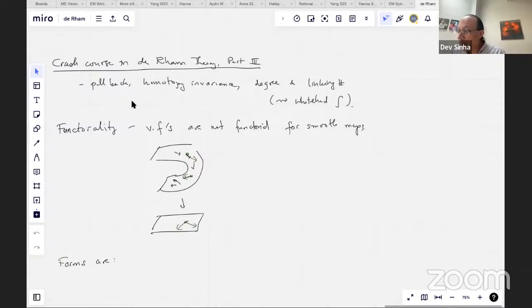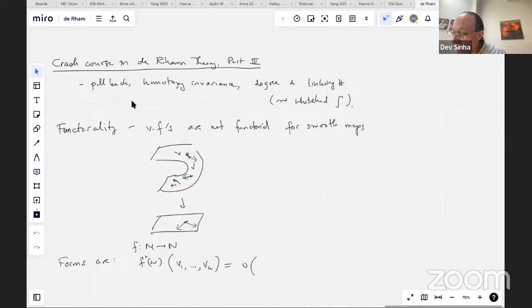Namely, if omega is a form on some manifold and I've got a map between those manifolds, then the pullback of omega has got to be something that eats a bunch of vectors. And how's it going to do that? Well, I can send vectors one by one from the domain to the range.